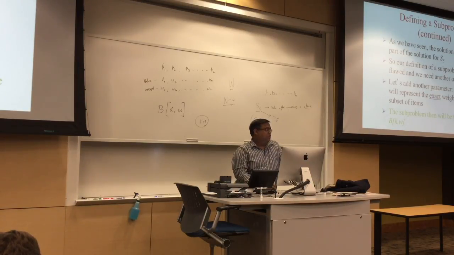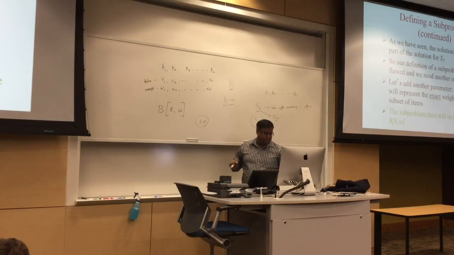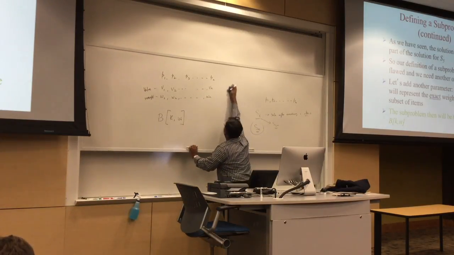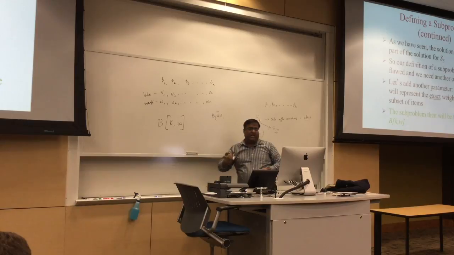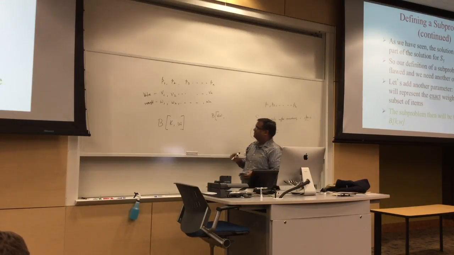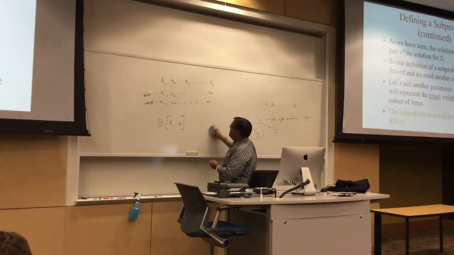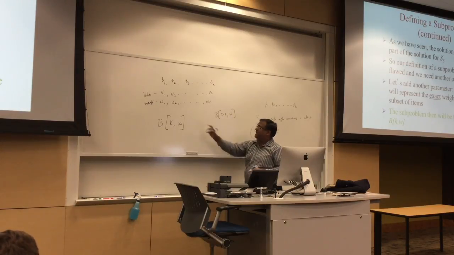Exactly. So if we take this k plus 1th item, what will be my benefit? I'm explaining it in the reverse of what I have on the slides. To calculate this, for example, if I give you B[k-1, W], will that help?